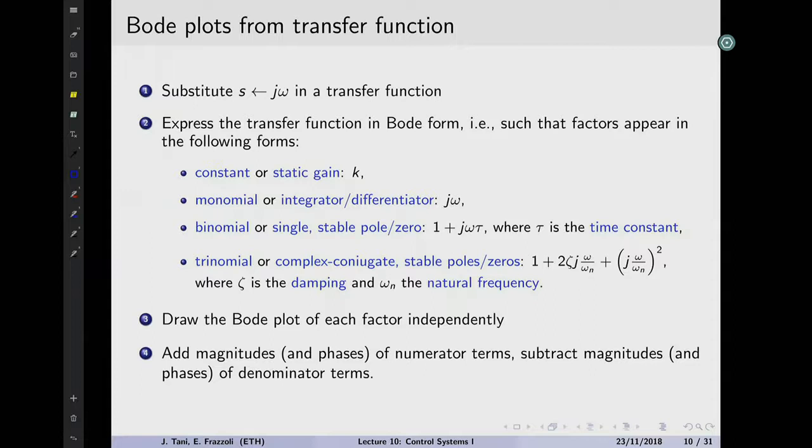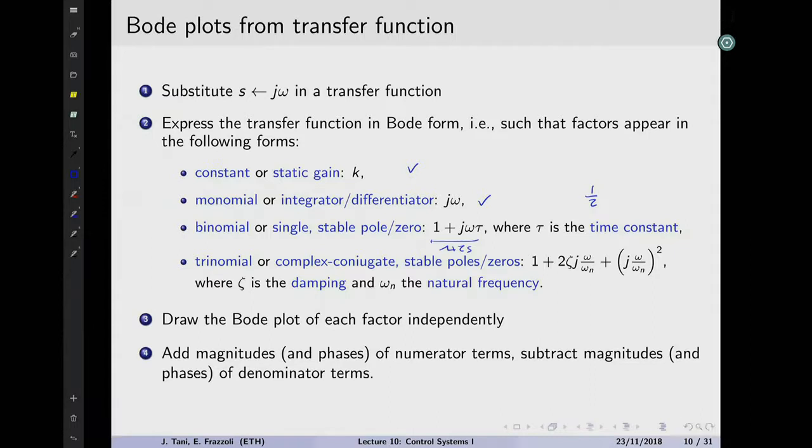So what are the terms? Well, if you break down a polynomial, you can break it down to products of 4 fundamental factors. A constant factor, just a number. An integrator or a differentiator, or a monomial factor, which is like an s or a j omega. A stable pole or zero, which we can represent as 1 plus tau s, and we call tau the time constant and 1 over tau the breakout frequency.